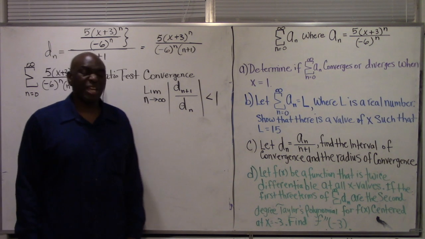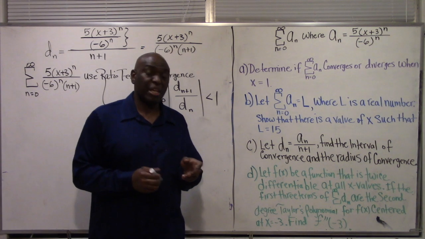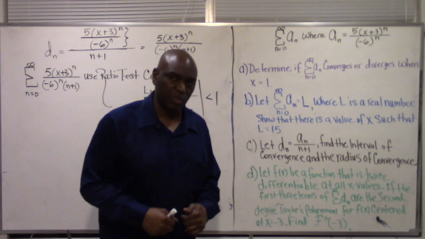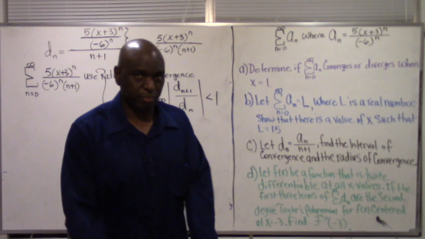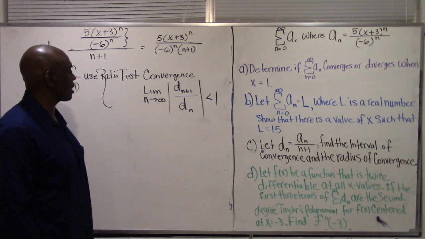If it's greater than 1, we're divergent. If it's equal to 1, it's inconclusive. If it's less than 1, we are convergent. Okay? So let's see what we get here. Let's give it a shot.